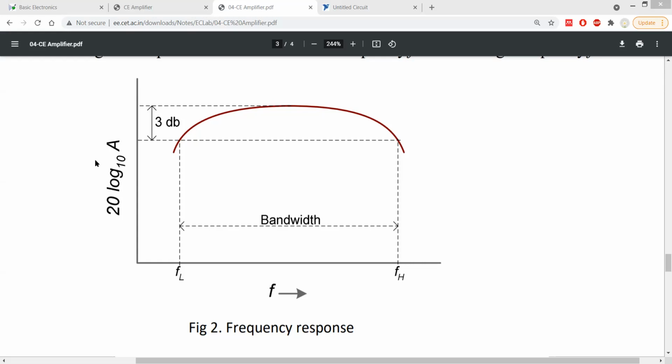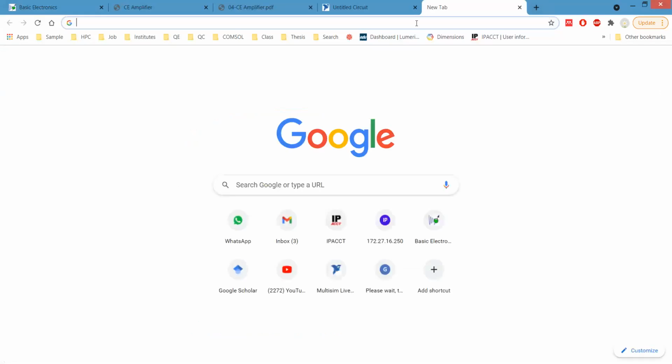In this case, in order to find the gain in terms of dB, we have to find 20 log of A. A is basically output by input, the gain in absolute scale. Let's say we have applied 10 volt and we are getting 20 volt as output, so the gain factor is 2.